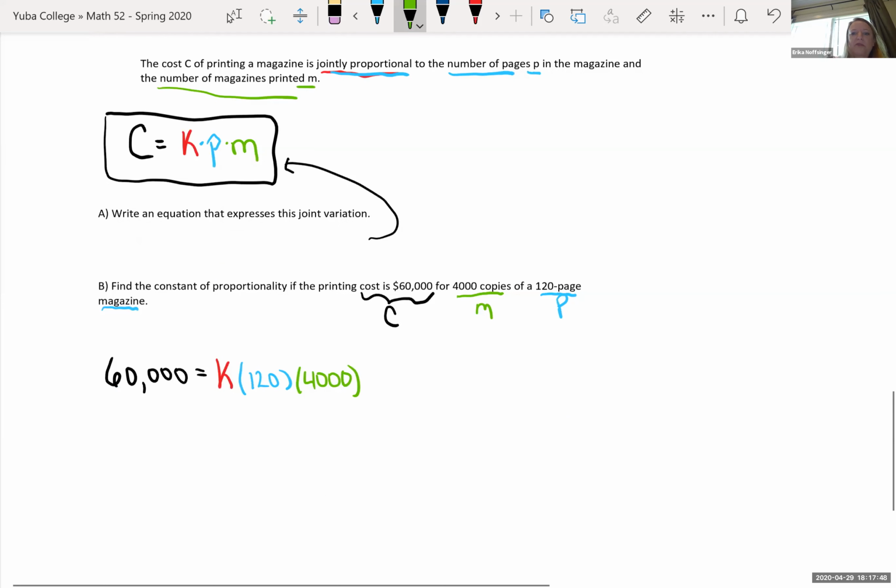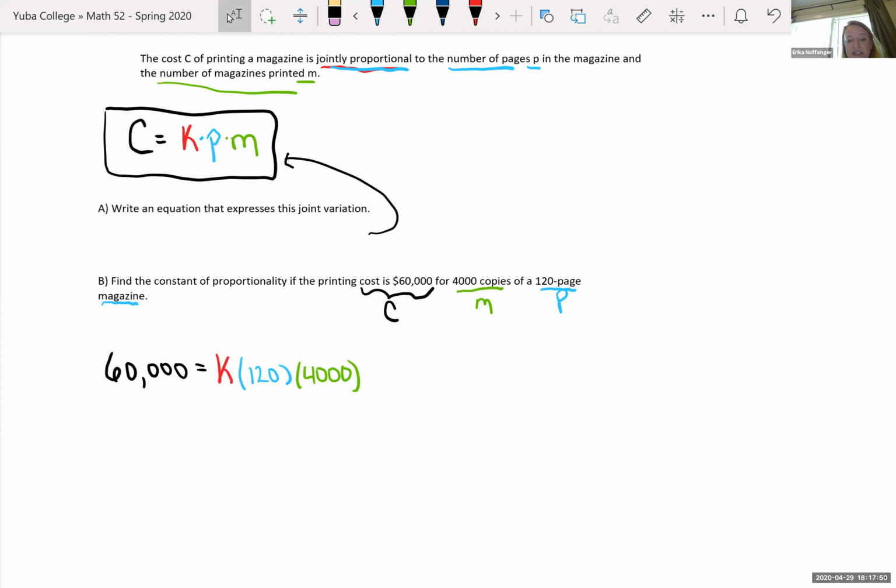Okay, so before I plug things in the calculator, I'm just going to divide both sides by 120 times 4,000, just because I see that things are going to cancel nicely when I do that. So I get K is equal to my 60,000 divided by what was on the other side, which was the 120 times 4,000.